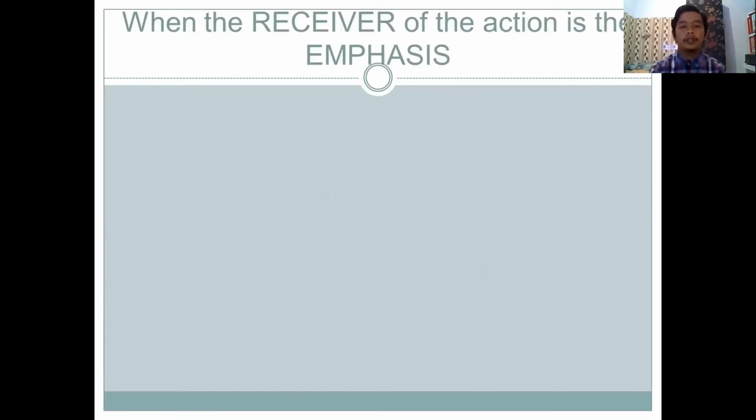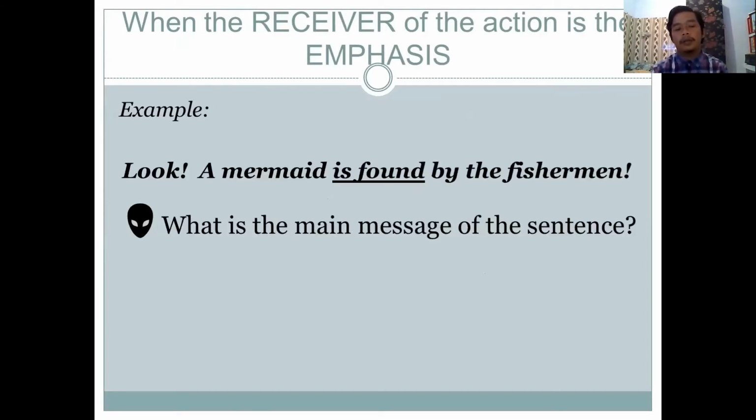Okay, when the receiver of the action is the emphasis. Example: look, a mermaid is found by the fisherman. Okay, ini dapat dikatakan sebuah passive voice because mermaid is the object, and the plus is to be and found is plus past participle, by the fisherman.